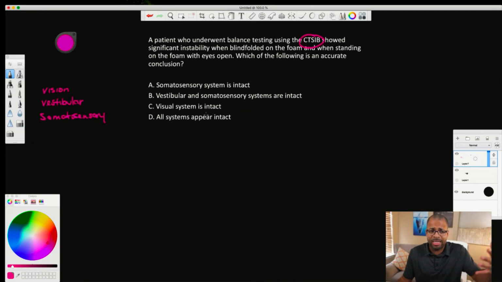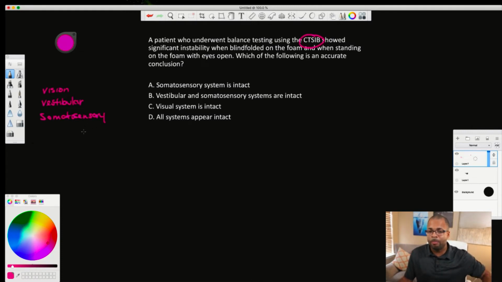If a patient has vision that's intact and that's their primary way of staying balanced, the one thing I don't want to do is go into the house and take out all the lights. I don't want to put the patient in a situation where they're not able to use their eyes, because that's what they're relying on. That's a major principle that you need to understand when answering questions just like this.